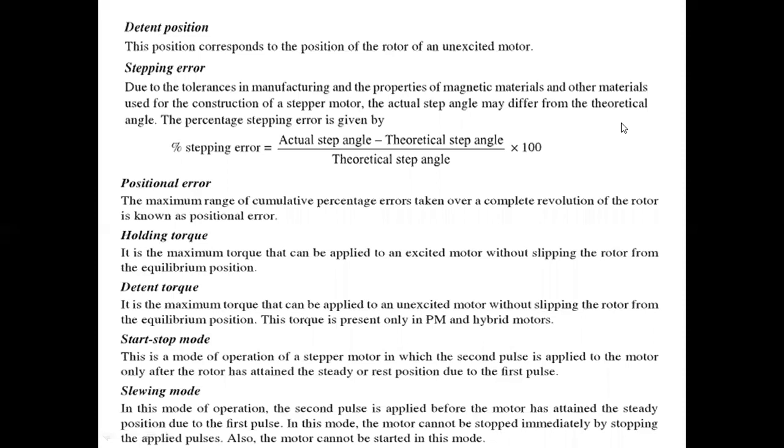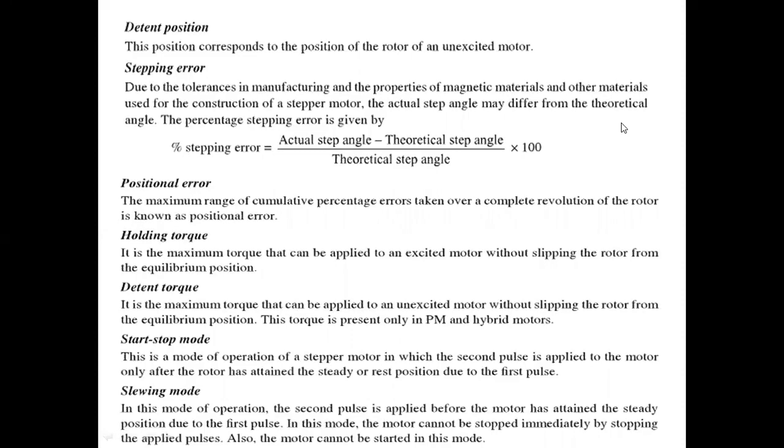Due to the existence of the small magnetic field of the A phase, the rotor opposes rotation immediately after B is excited. Therefore, a small torque is required to bring the rotor towards the B phase axis. That is nothing but the detent torque or detent position.